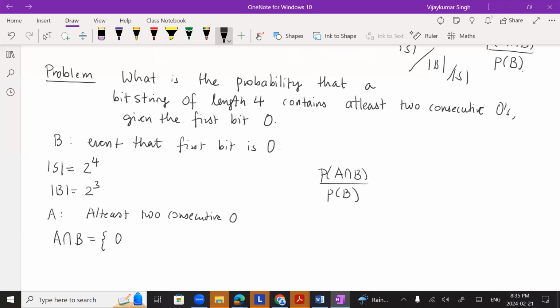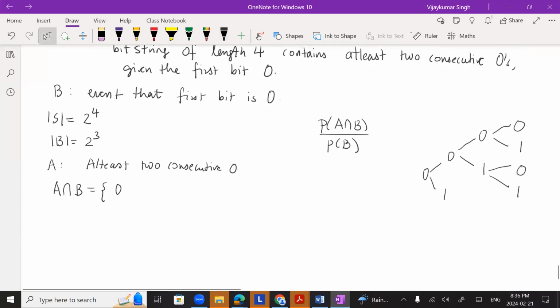So 0, now we can have what? The next bit can be either 0 or 1. Then for this one, either the next one is 0 or 1, and then we can have either 0 or 1, and here either 0 or 1. So this is all possible, right? We agree? Because they all have 2 consecutive zeros.